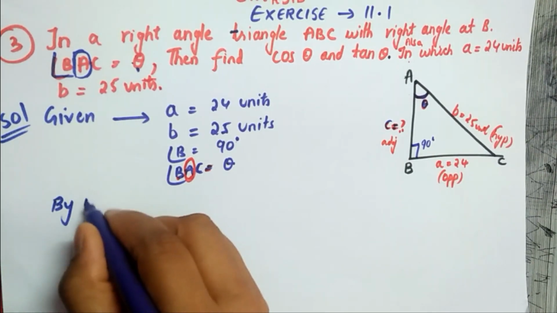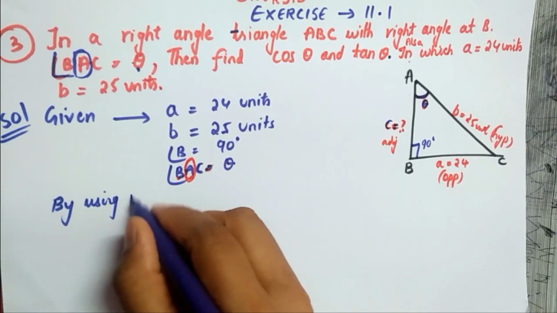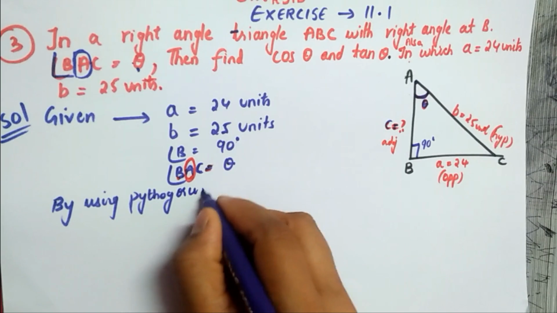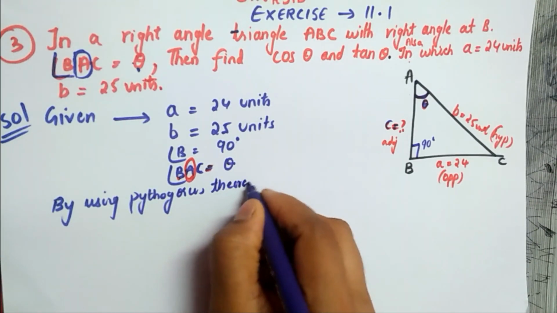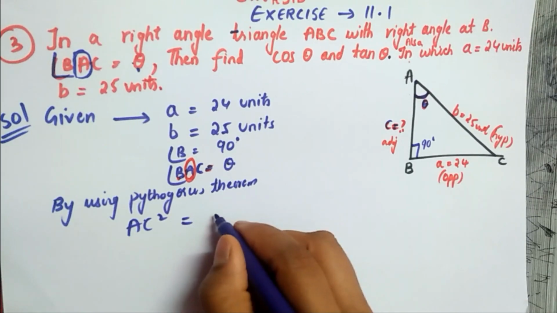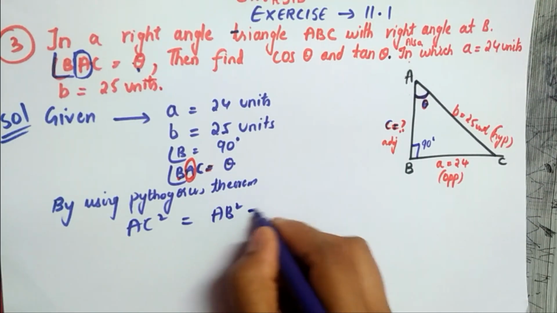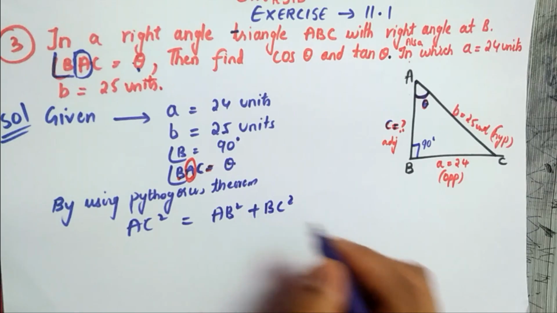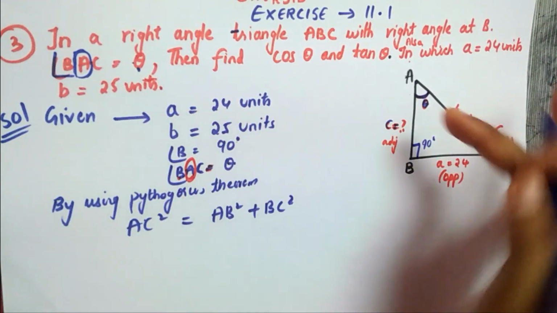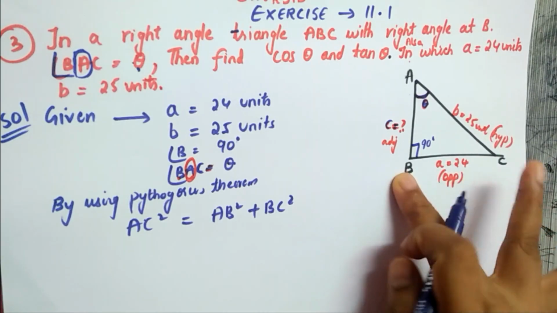By using the Pythagoras theorem, AC square is equal to AB square plus BC square. This is the Pythagoras theorem. Now, what is a? We said a is 24. This is BC.